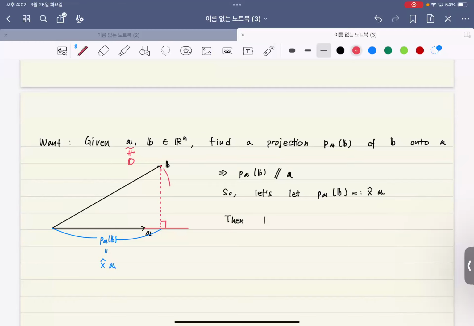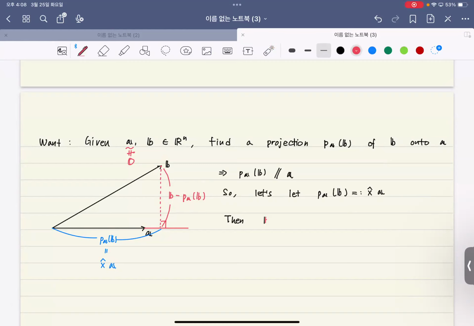This vector must be B minus P_A(B). P_A(B) is a component of the vector B, so in B minus P_A(B), I am just subtracting the A component of B from the original vector B. Therefore, what remains is all the other parts, which is perpendicular to vector A.